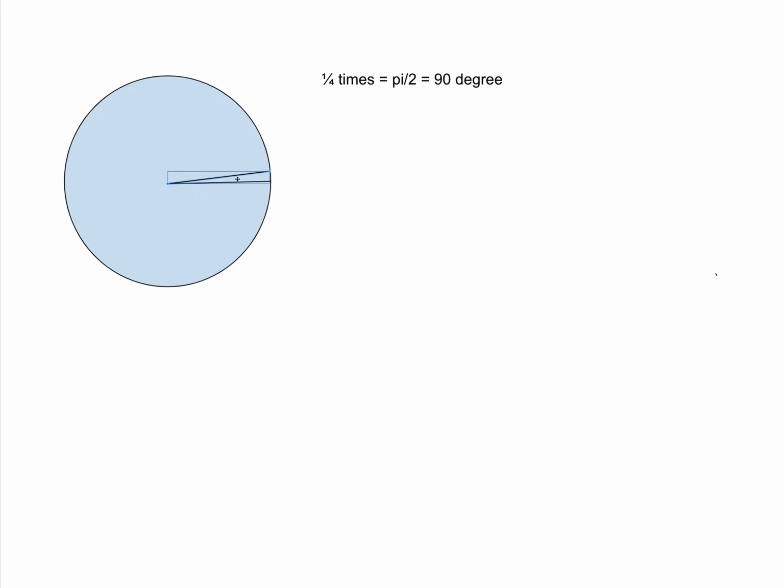This is already a small angle, right? It's not to scale, so it is actually even smaller. But if you want to make the angle even smaller, you have to divide it by 60, and each of those 60 pieces will be 1 minute. So it will be very small.